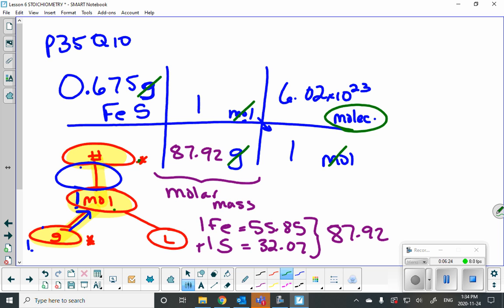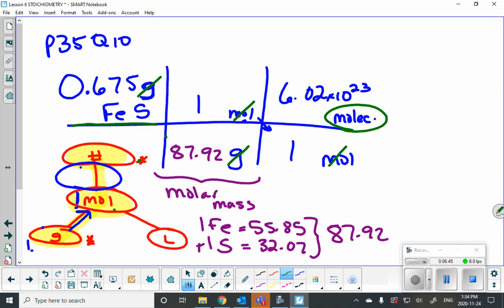So the math functions that go along with this is numbers on the top of the line, you multiply, and numbers on the bottom of the line, you divide. And the order is irrelevant. So in your calculator, you'll go 0.675, and then this number's on the bottom, so you say divide by 87.92.